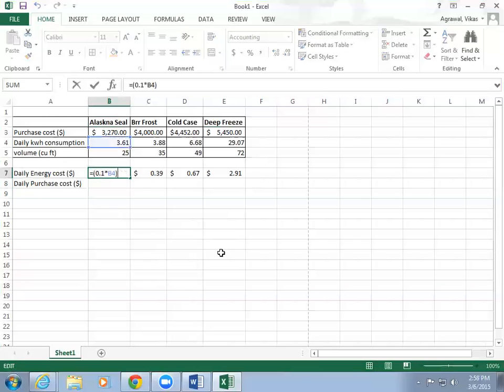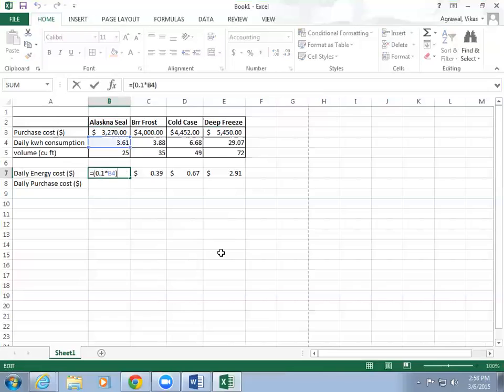So in the first one, in the B column, it equals 0.1 times B4. If you're typing any formula, as you know, you have to start with the equal sign. Times B.